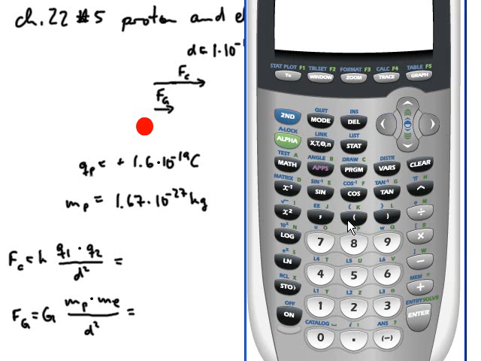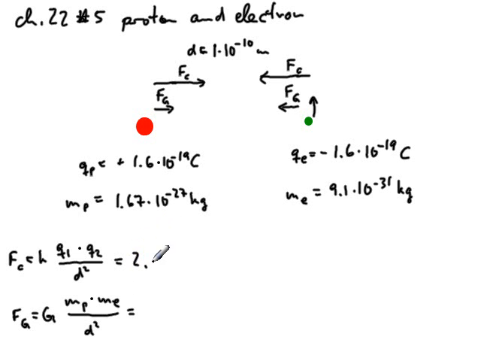This only works for the Coulomb force because in this case both charges are the same, and then I divide that by the distance of 1 times 10 to the negative 10 meters squared, and I come up with 2.3 times 10 to the negative 8, and the units are newtons.